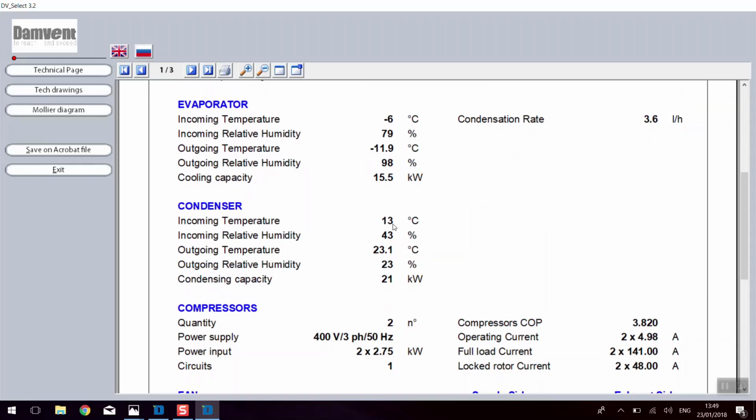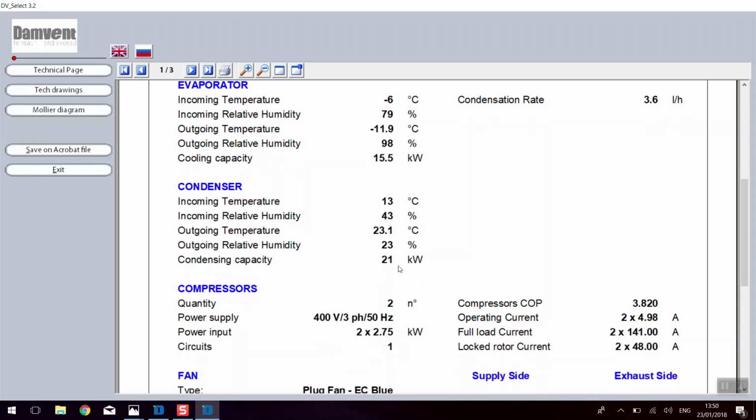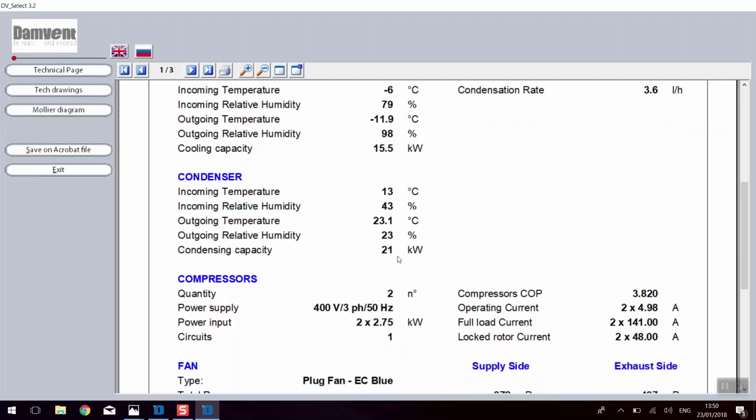The same goes for, in this section, you need to have full data for both the evaporator and condenser. So for the condenser, we have the same data: inlet temperature and relative humidity, outlet temperature and relative humidity, and the capacity of the coil. On the refrigerant circuit, we have the quantity of the compressors.